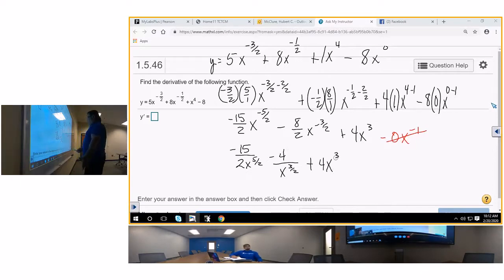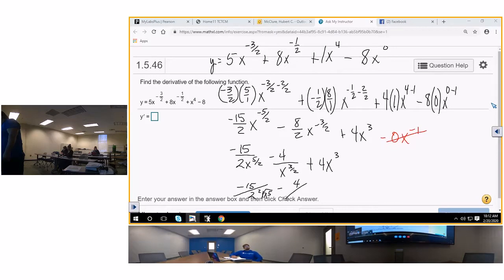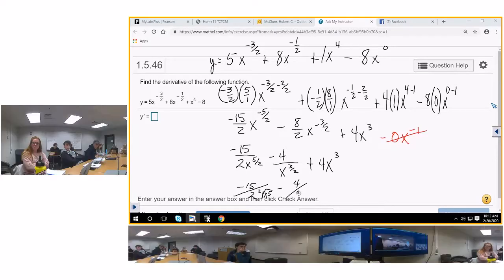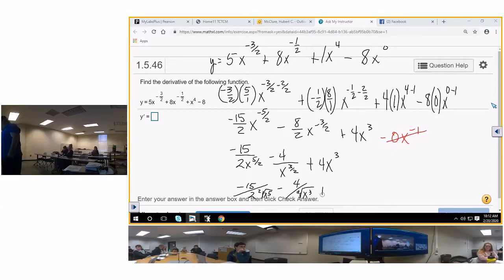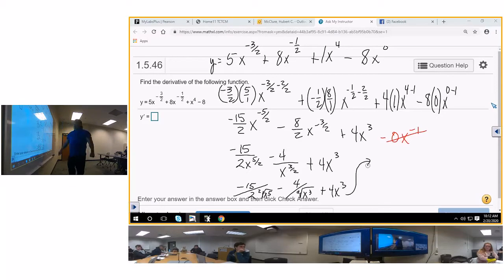And I would take that one step further, and negative 15 over 2 square root of x to the 5th, oh my gosh, we can go even further, minus 4 over the square root of x to the 3rd plus 4x cubed, and that's going to be negative 15 over 2, and that's going to be the square root of x to the 4th is x squared, so that's going to be 2x squared, the square root of x, minus 4 over the square root of x squared is x, so that's going to be x times the square root of x plus 4x cubed.